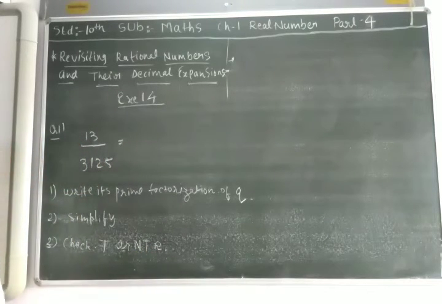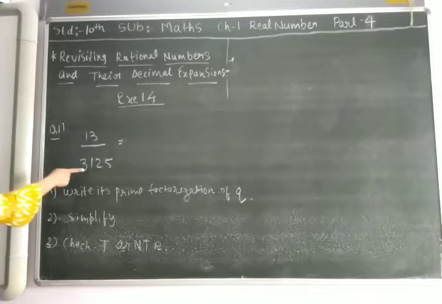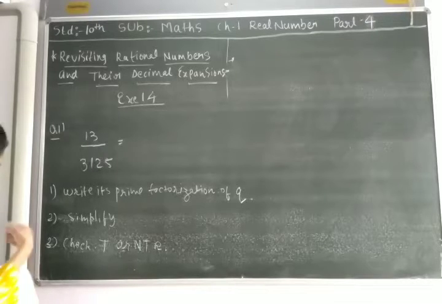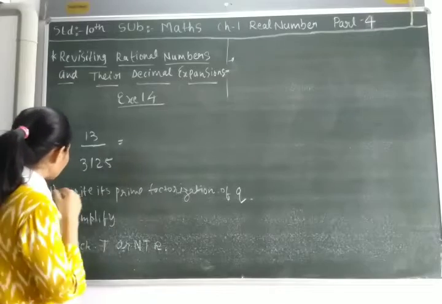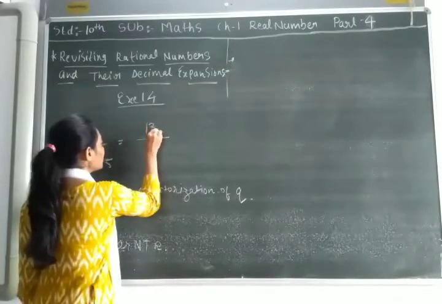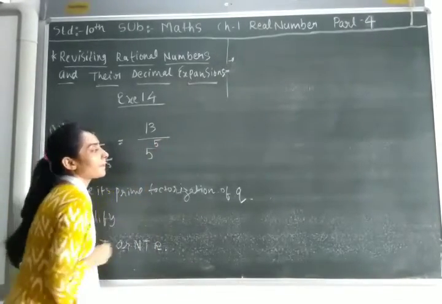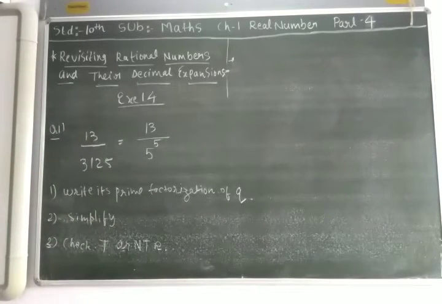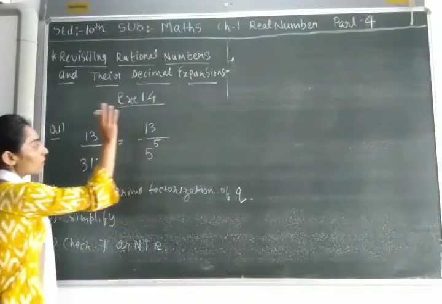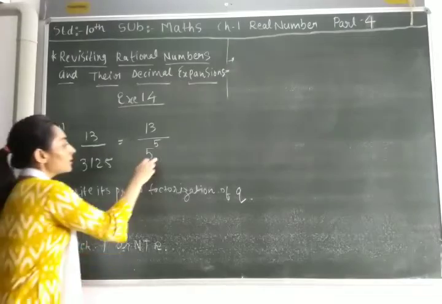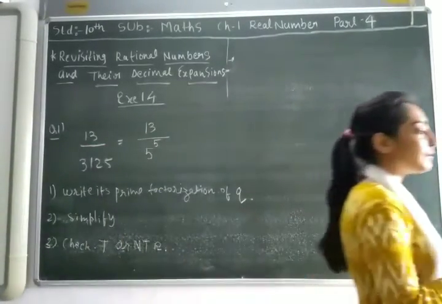So first, let's take the prime factorization of 3125. It is 5 to the power 5. From this we can directly say it's terminating, because no other prime factors are present, only 5.